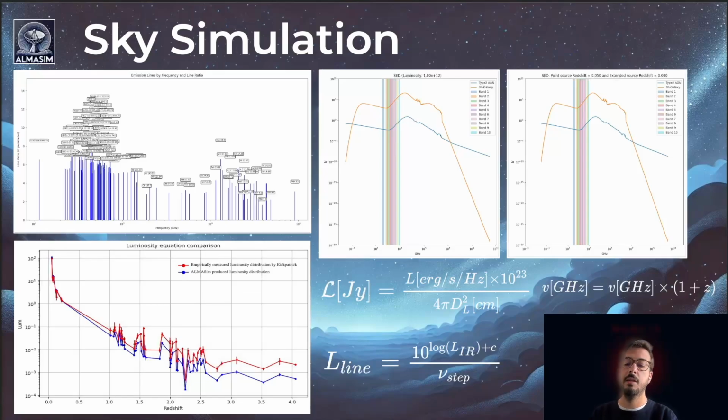We created these line fluxes for a subset of ALMA observations studied by Kirkpatrick et al. We found that the distribution of the simulated sources' line fluxes was very similar to the real distribution observed with the redshift of those sources.